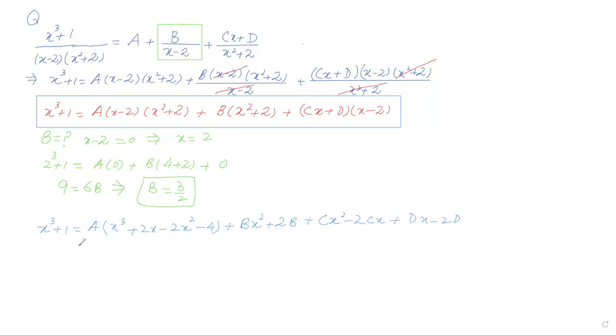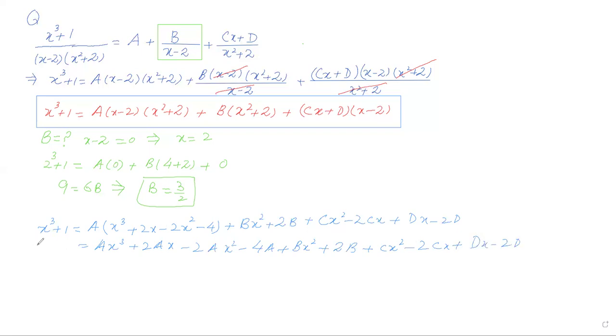After arranging the terms, I will get ax cubed plus 2ax minus 2ax squared minus 4a plus bx squared plus 2b plus cx squared minus 2cx plus dx and minus 2d.